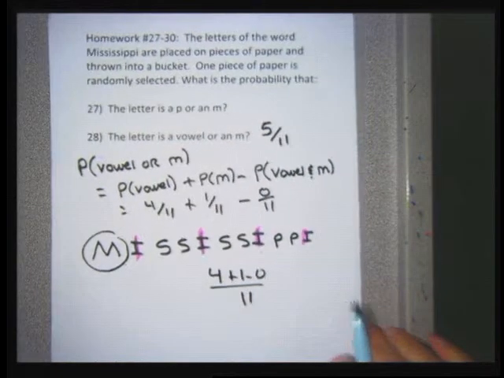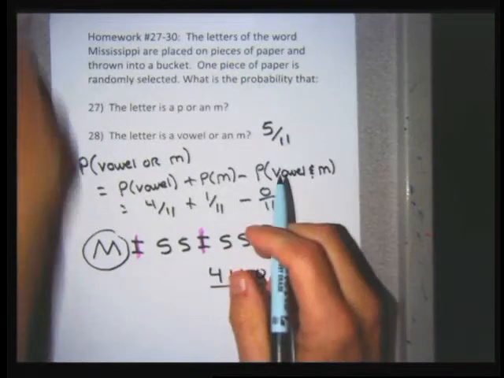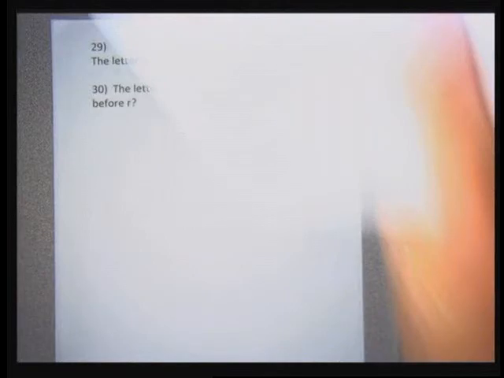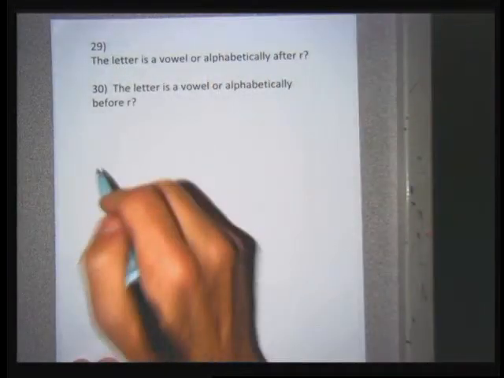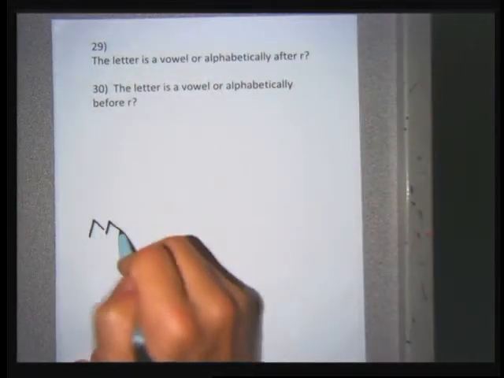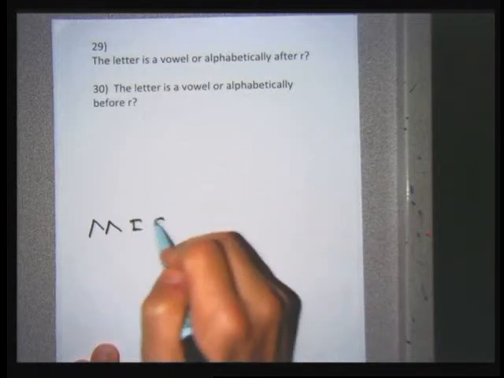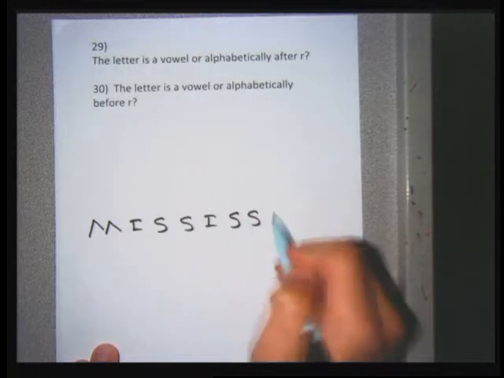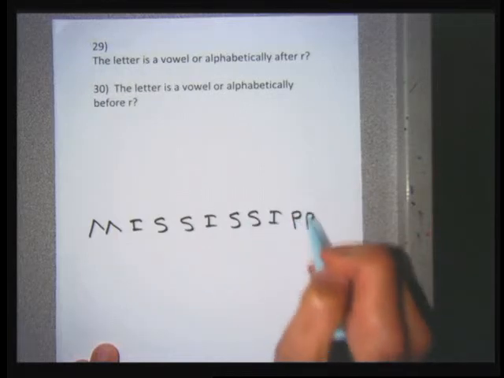So you should be able to do 27, and the next page is going to have the last problems. Same sample space, dealing with the word Mississippi. So my sample space is M-I-S-S-I-S-S-I-P-P-I.